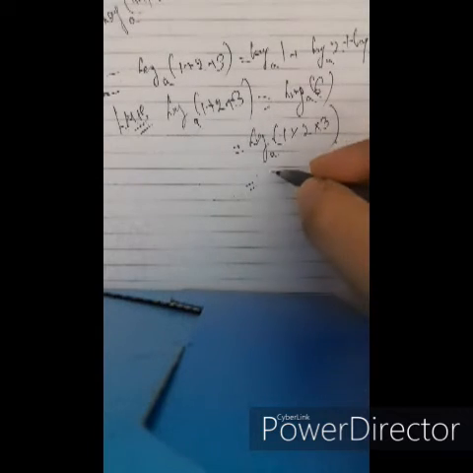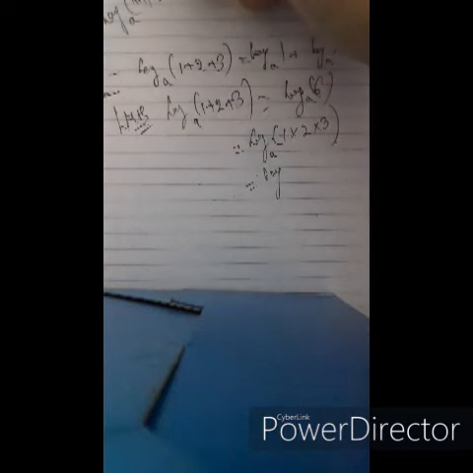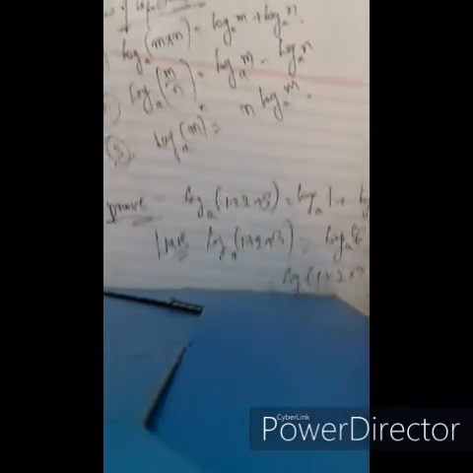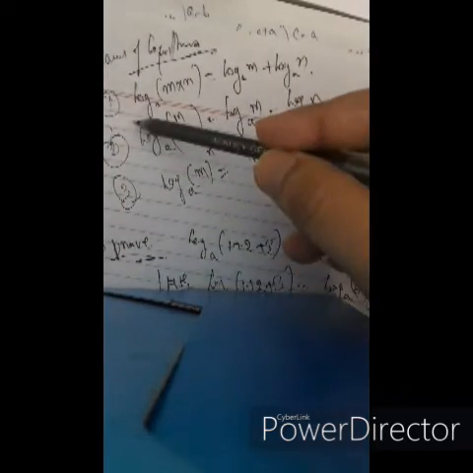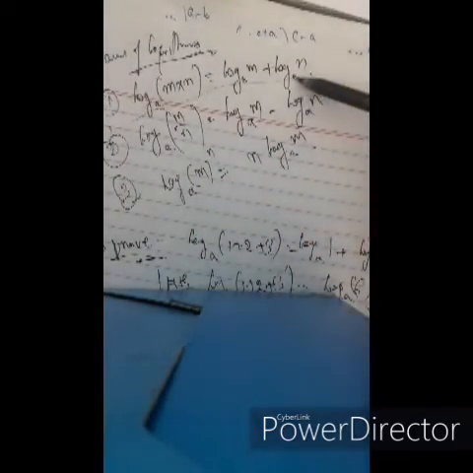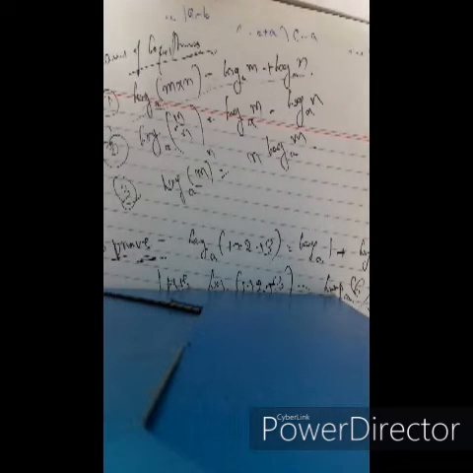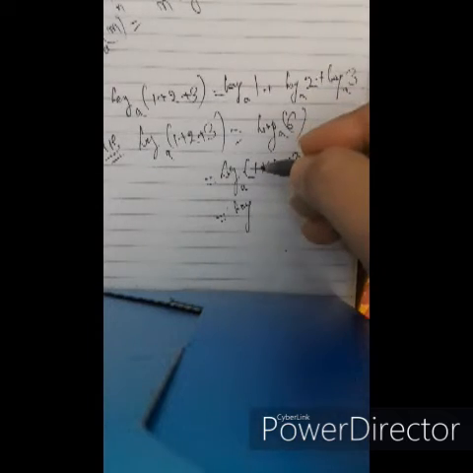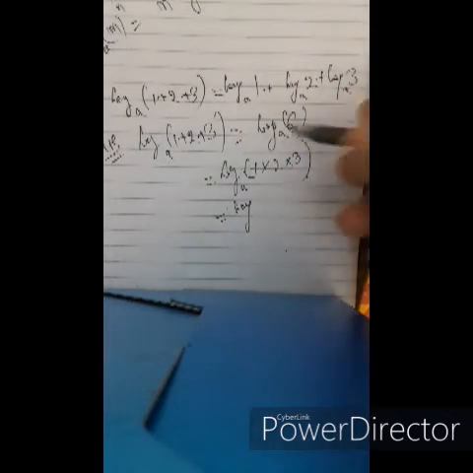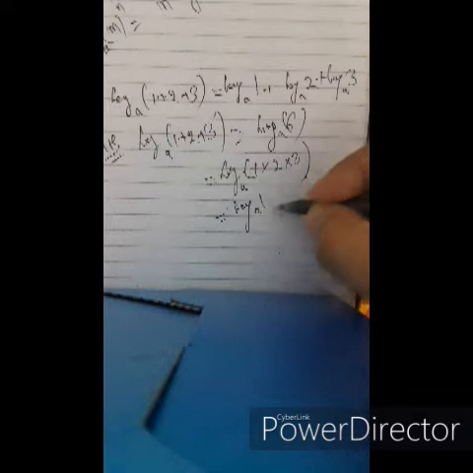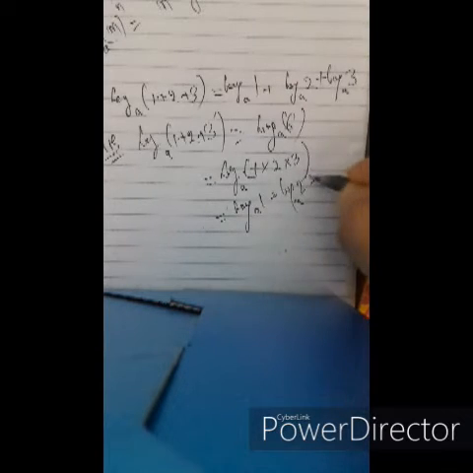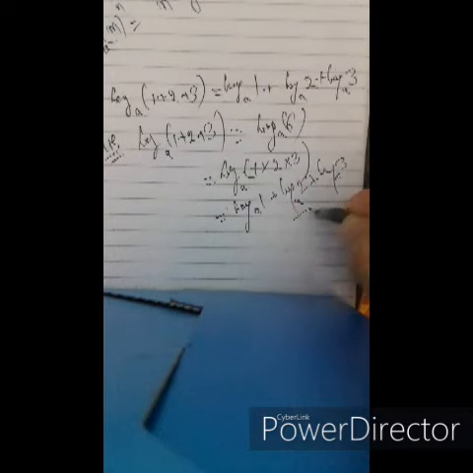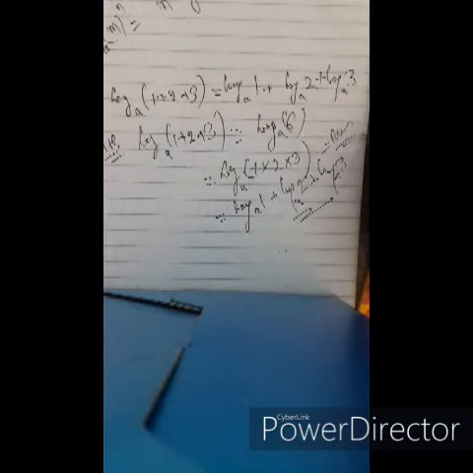Therefore, by substituting in the formula log of m into n base a becomes log m base a plus log n base a, similarly here log of m into n into q base a becomes log 1 base a plus log 2 base a plus log 3 base a, which equals the RHS. Hence it is proved.